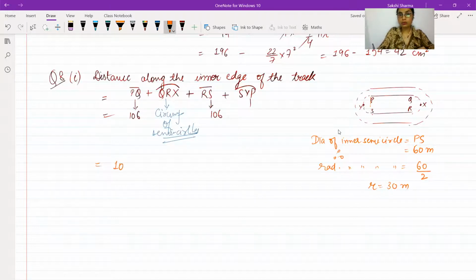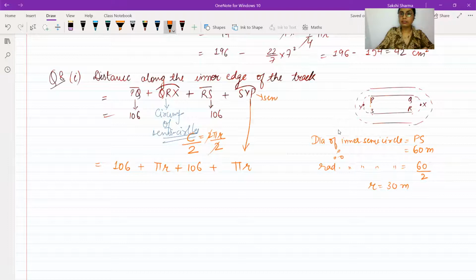And using those values here, the circumference of a semicircle is C by 2. C is 2 pi r. Please remember this, you can directly use pi r. So we have pi r plus 106 plus another pi r.